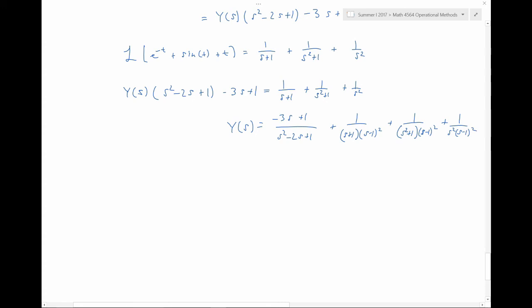And so all that needs to be done right now is to find the partial fraction decomposition for these fractions, and then use tables to invert the Laplace transforms. And you can clearly see what kind of partial fractions we're going to get. We can get something with s plus 1.